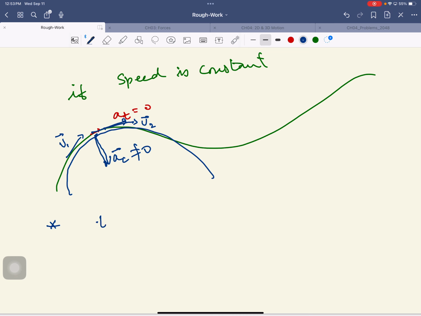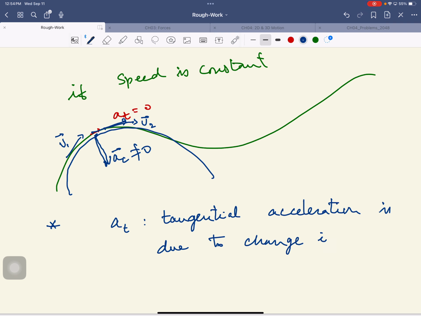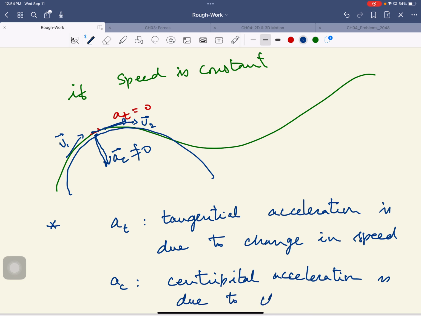So tangential acceleration is the change in speed, and centripetal acceleration is the change in direction of the velocity vector.